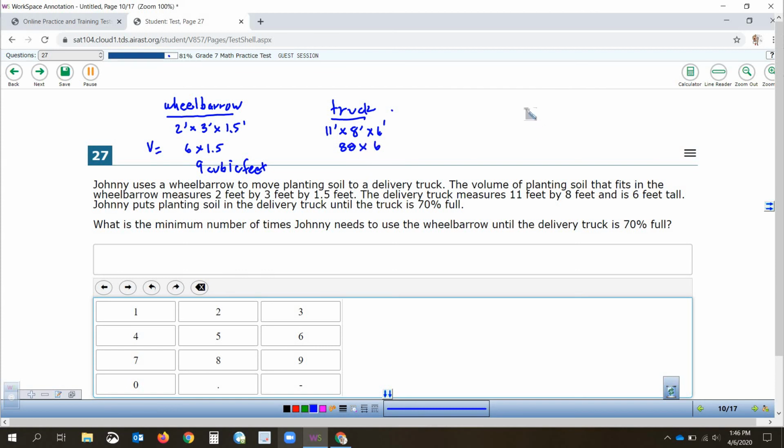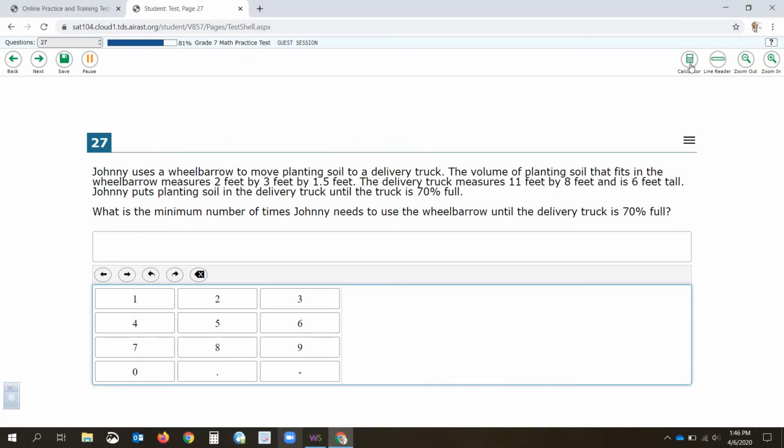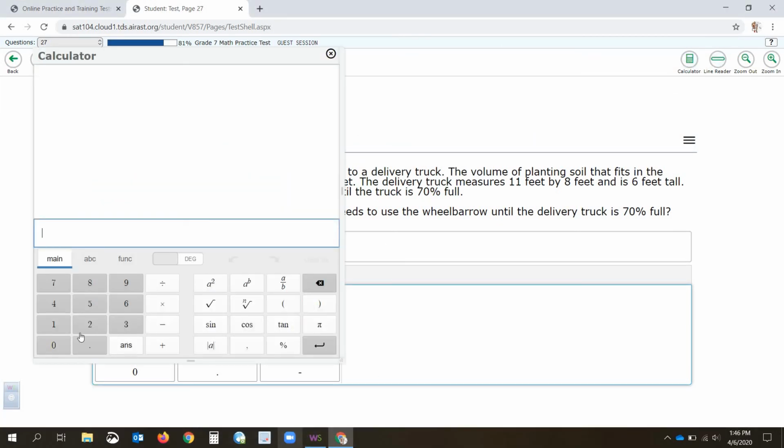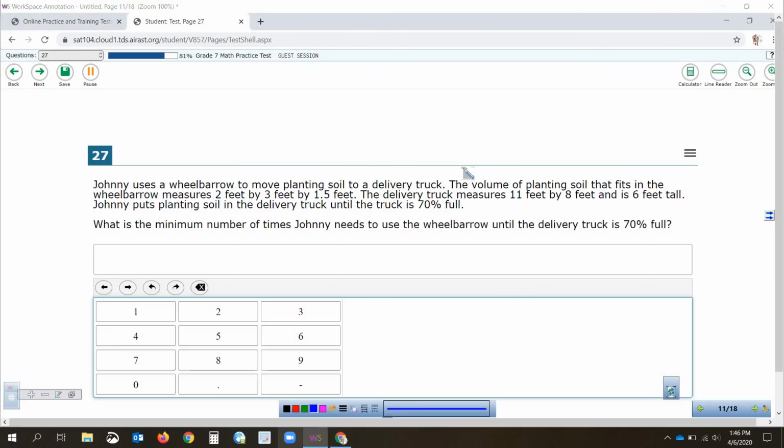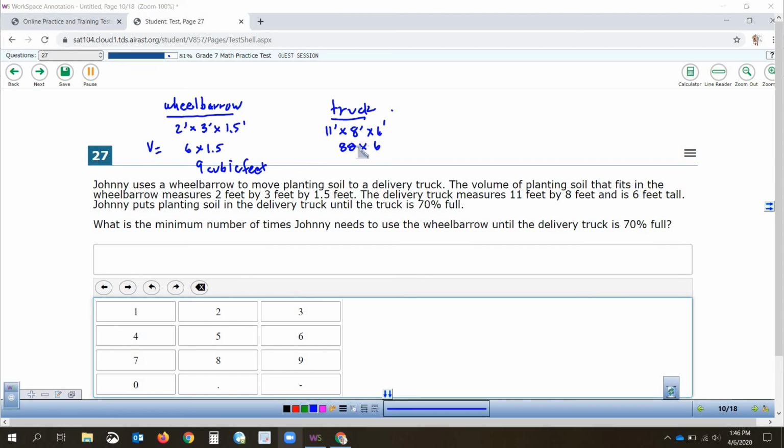And again, we could do that by hand, or we can go to our handy dandy calculator and do 88 times 6, and 88 times 6 is 528. So this one is 528 cubic feet.